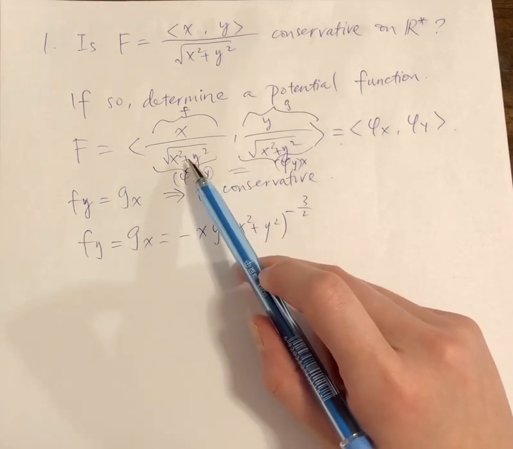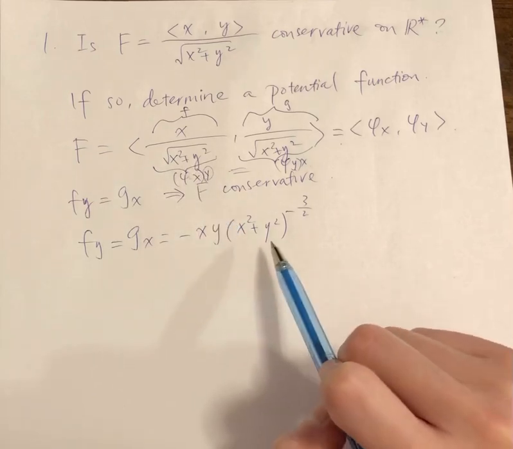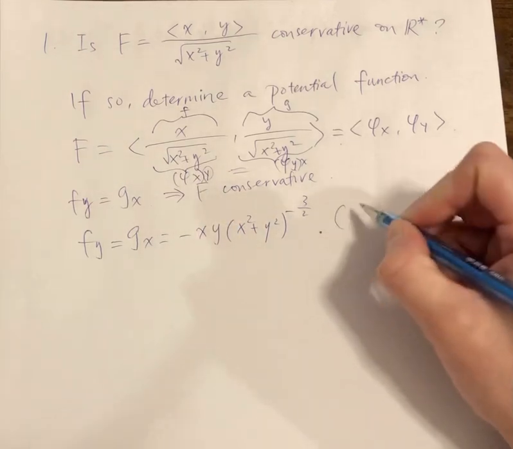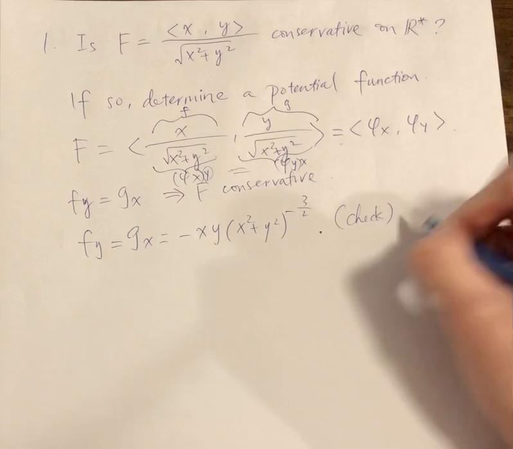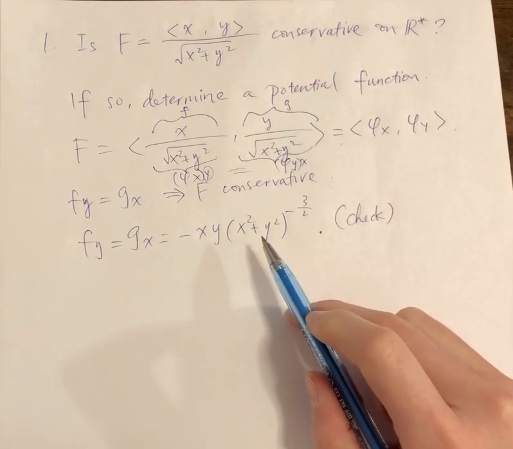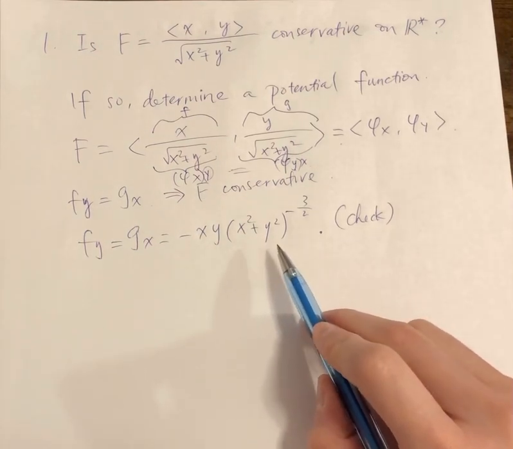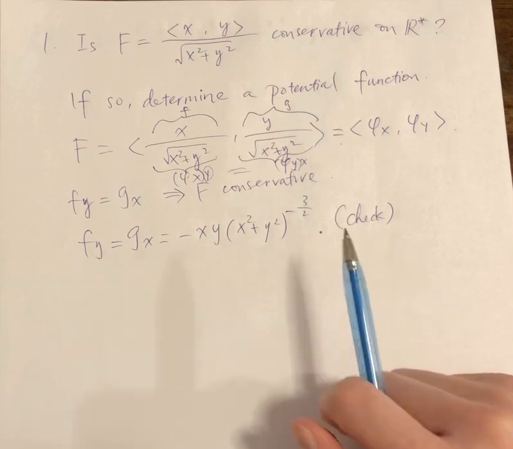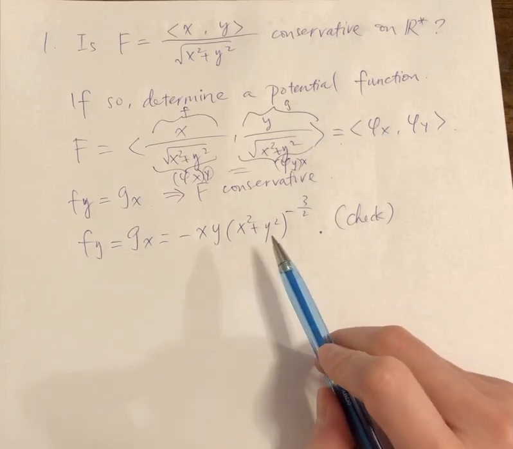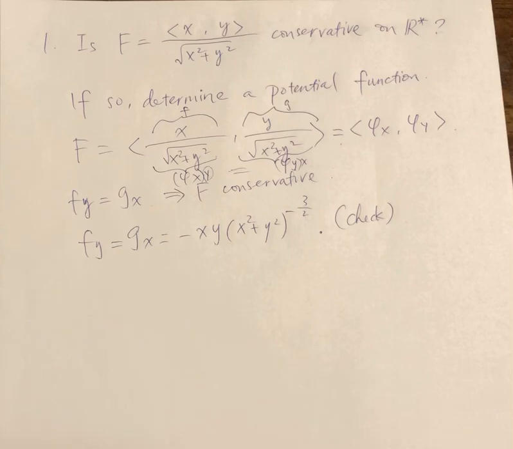But I would say the quotient rule is easier. Definitely check this and make sure you get this expression. It's very important that you know how to do this. It's a fair thing to ask on the test.